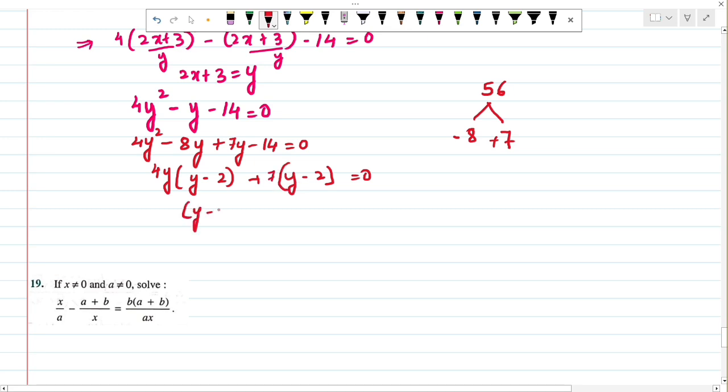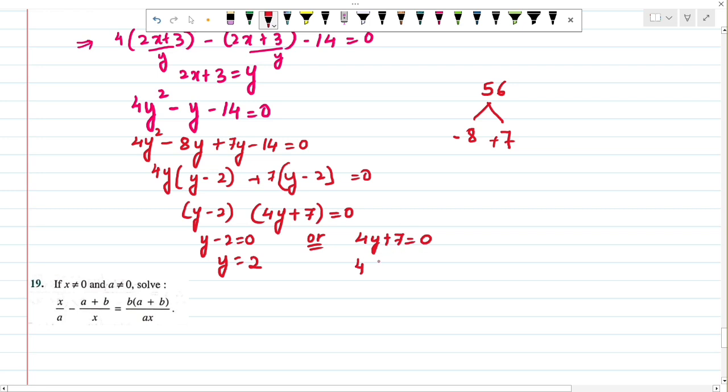So y minus 2, 4y plus 7 is equal to 0. So I'll write it as y minus 2 equals 0 or 4y plus 7 equals 0. So y equals, I'll get the value of y as 2, and 4y plus 7.